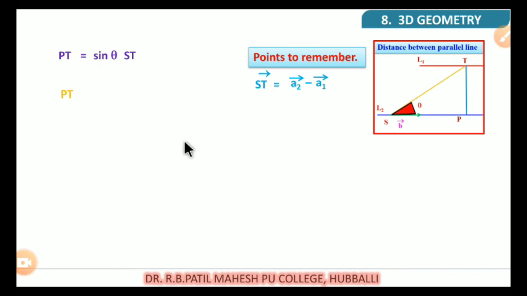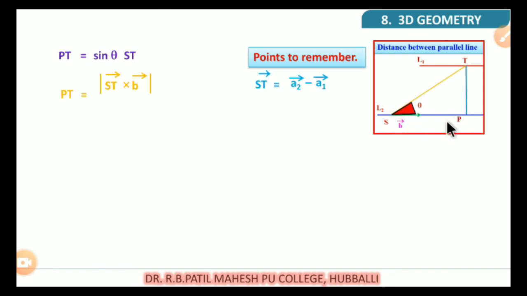Now for sin theta, from the definition of the cross product, theta is the angle between the vectors SP and ST. Therefore sin theta can be taken from the ST cross b vector, because the SP vector is along the b vector, so both are in the same direction.